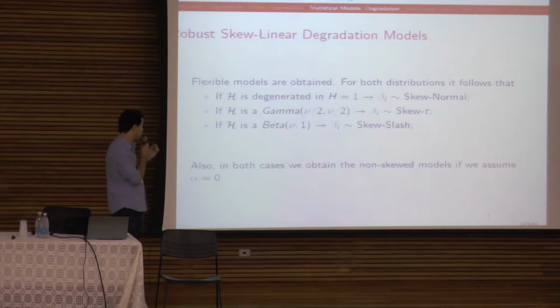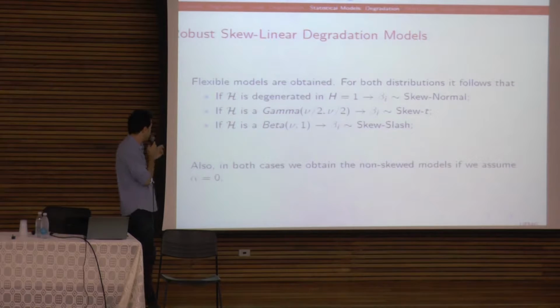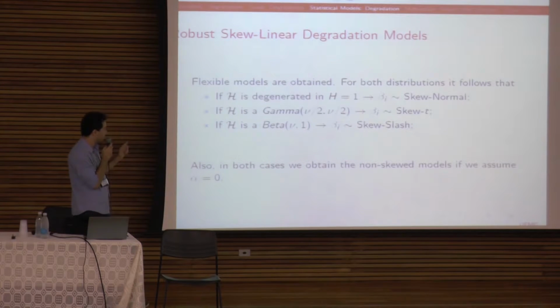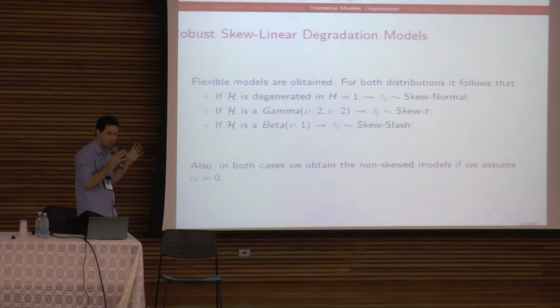If we choose the style shade measure degenerated in 1, we get the skew normal model. If we choose gamma nu over 2, nu over 2, we get the skew t model. If we choose H as a beta, nu 1, we get the skew slash distribution. So it's a very wide family.